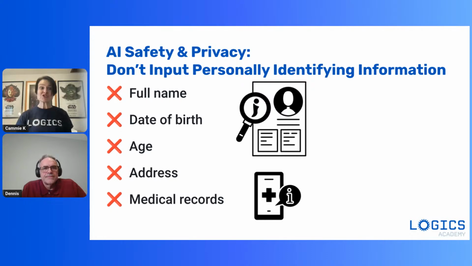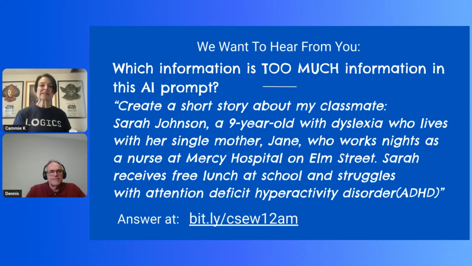Date of birth for sure, even age, address, anything to do with medical records. Even if you have diabetes or something that is kind of common knowledge that people might know, we still don't need to give the AI those things. And this is just a pretty basic list to get us started.